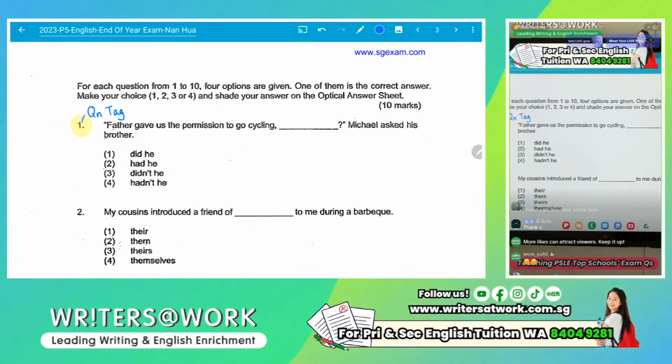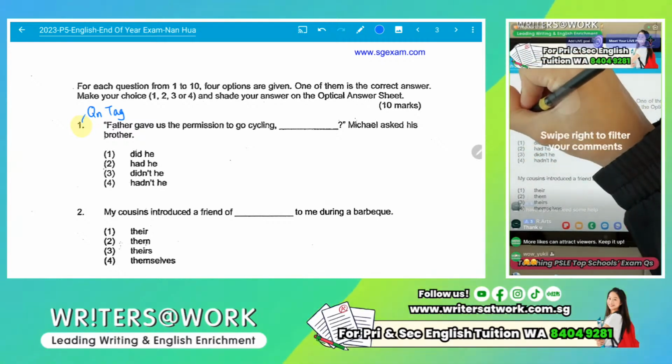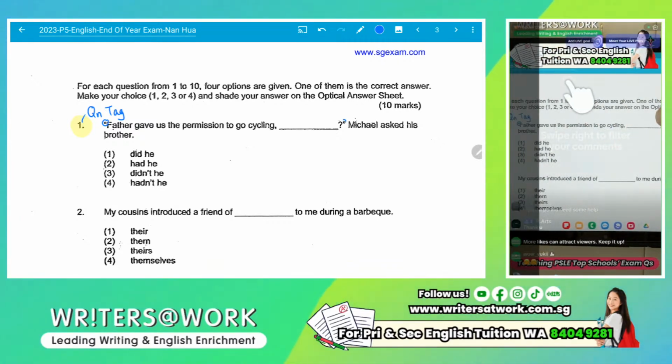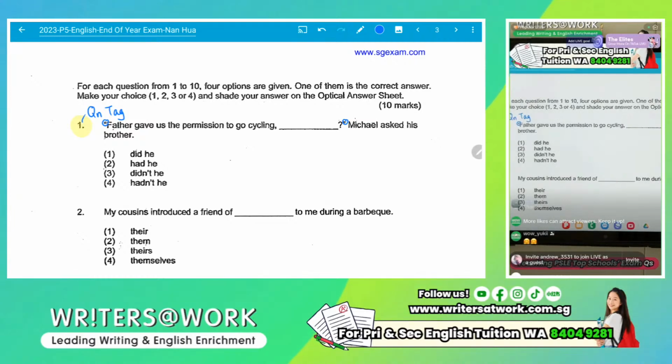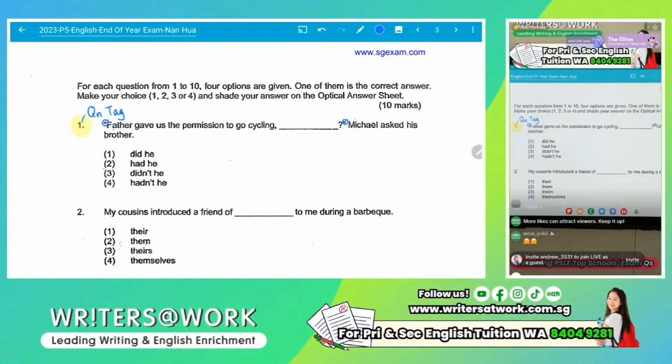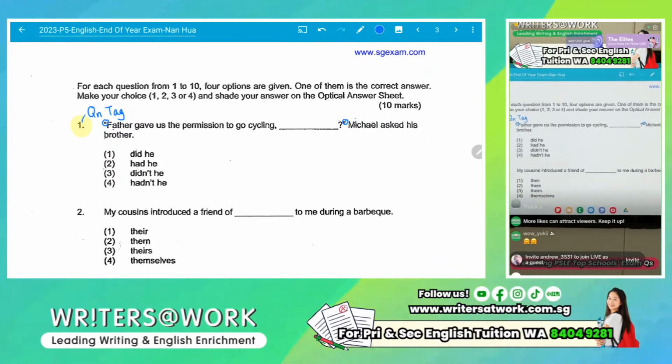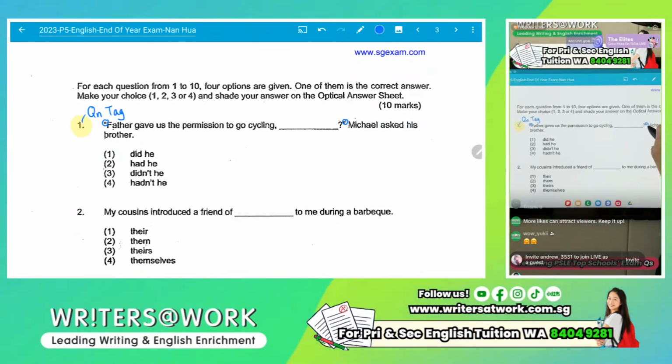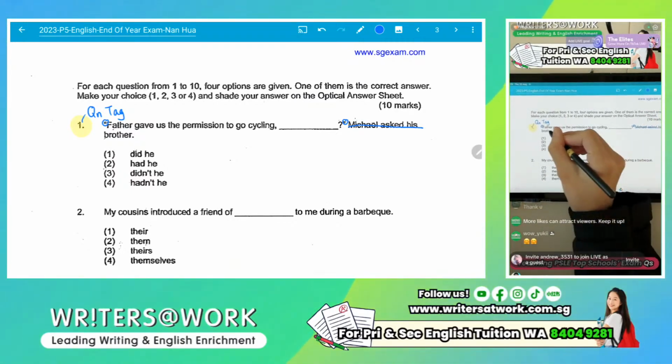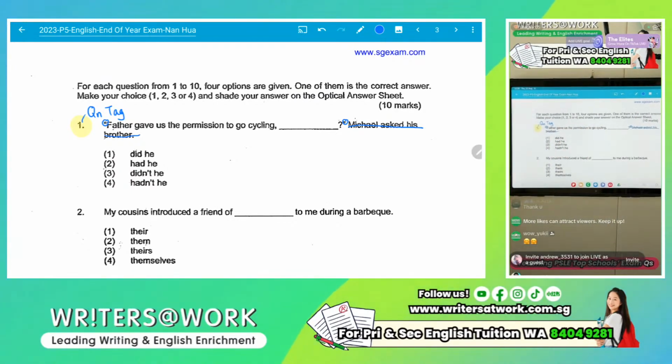First thing you should notice is the open and close quotation marks. When you have open and close quotation marks, they are direct speech. And since it is direct speech, everything that falls outside of these quotation marks can be safely ignored. So from Michael all the way to the brother at the end of the sentence, you can safely ignore it.